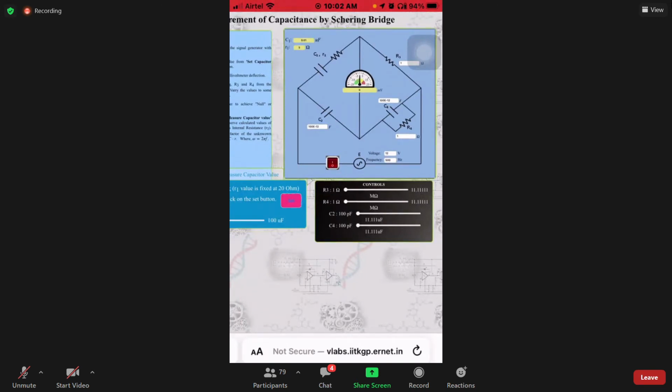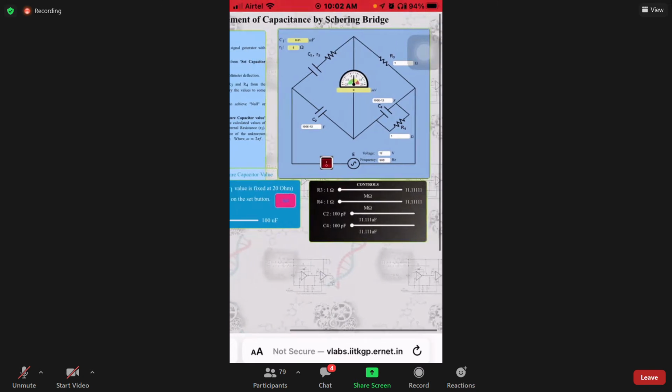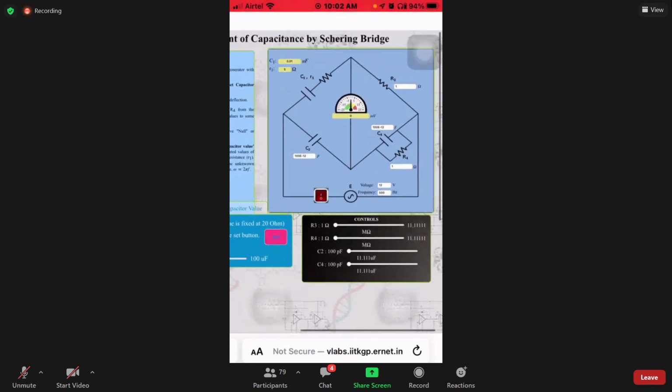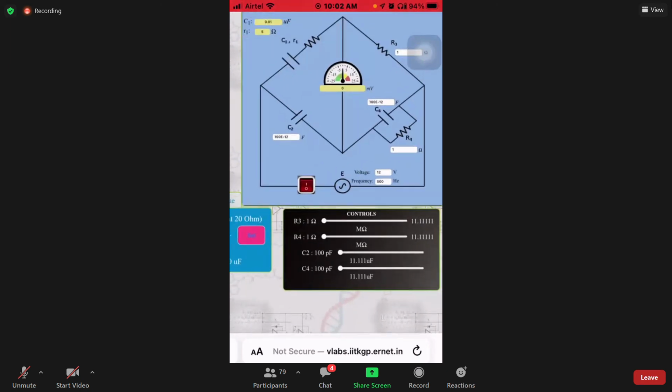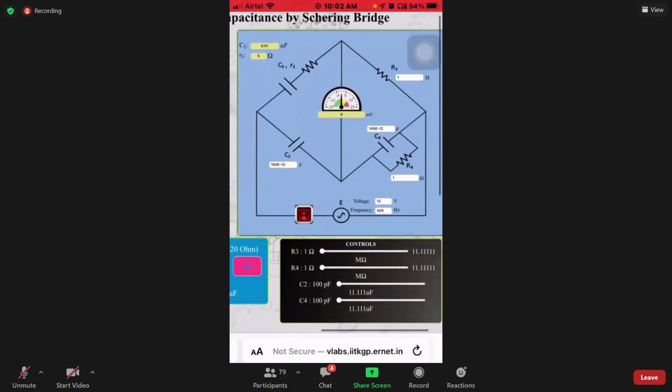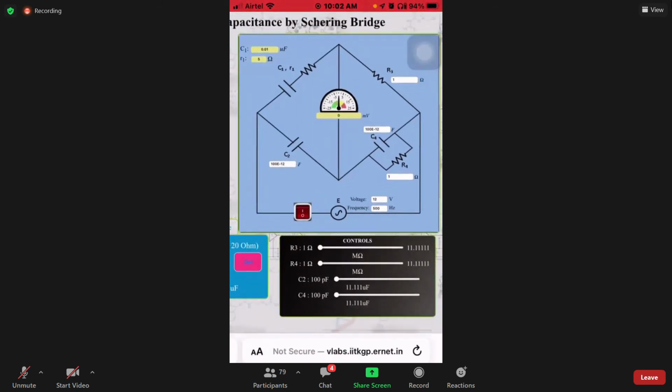Can you explain the Schering bridge experiment? Sir, it is used to measure the unknown capacitance. Okay, good. Which type of supply are you using as input? AC.